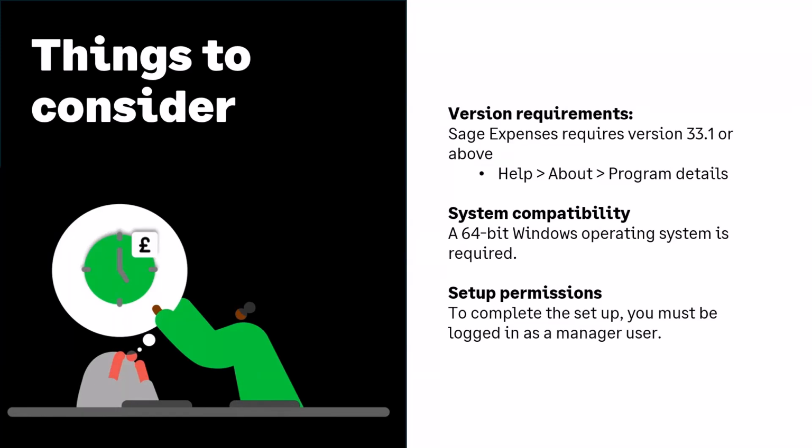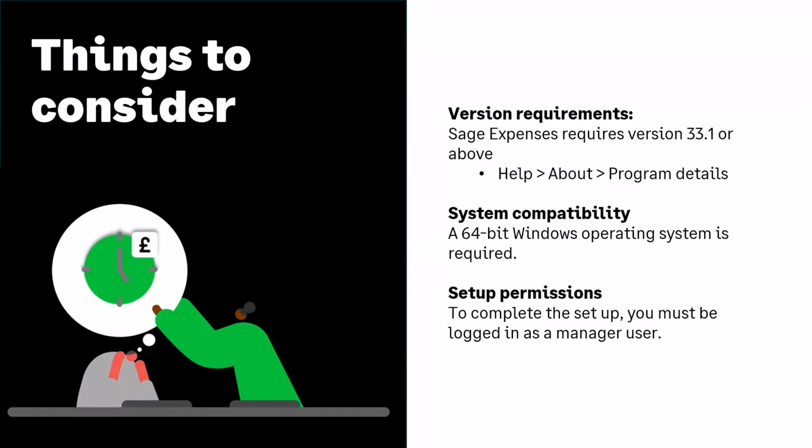So first, you'll need to be on version 33.1 or above of 50 accounts. If you're not sure what version you're using, you can go to help along the top and then into about. Sage Expenses also requires a 64-bit version of Windows, so it's worth confirming that your system meets that requirement as well.